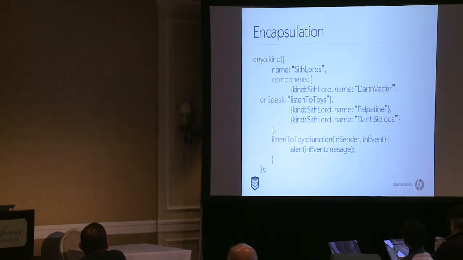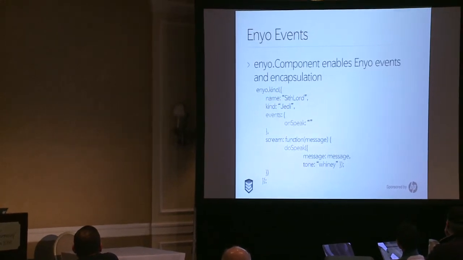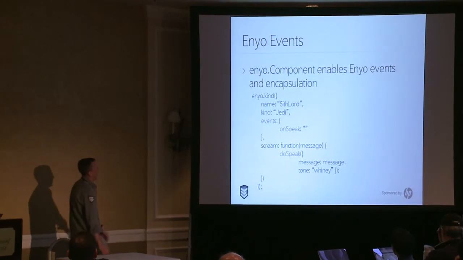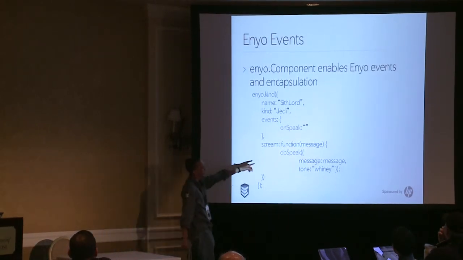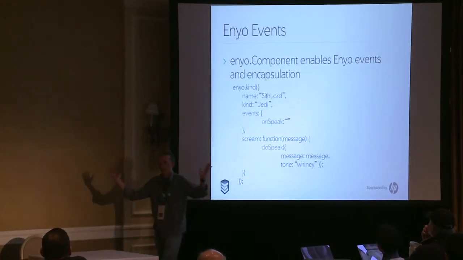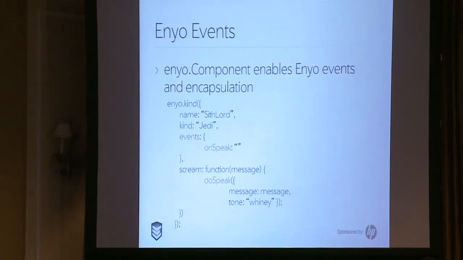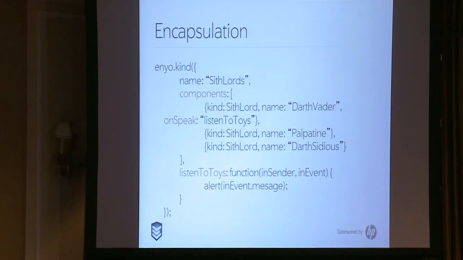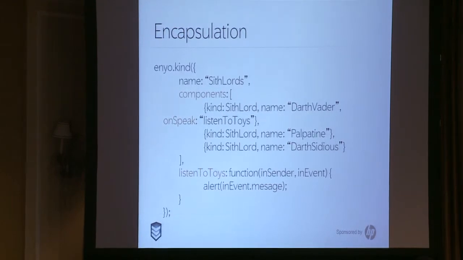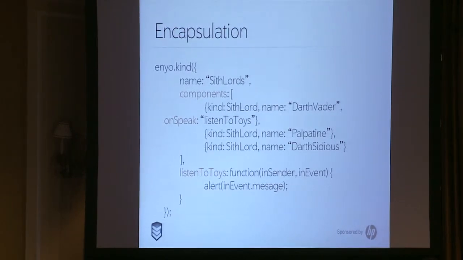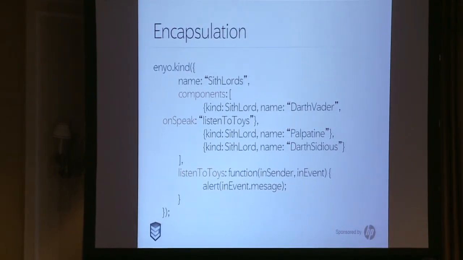If I come back over here real quick, look at what I do whenever I'm sending that event: doSpeak. I'm sending whatever data I want as a JavaScript object that I can then access in the event itself. So I'm just going to alert whatever I say, "Scream this," and it's going to do the doSpeak and send the message value to the listener.